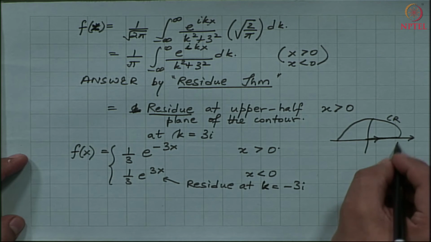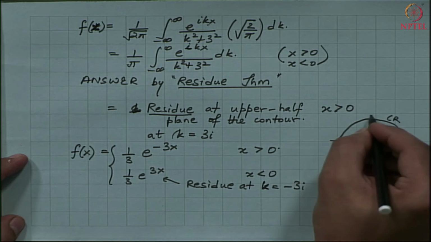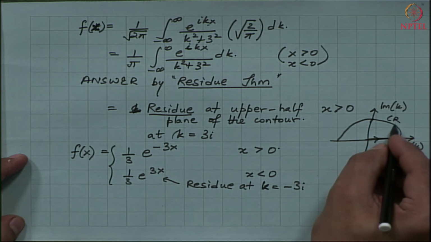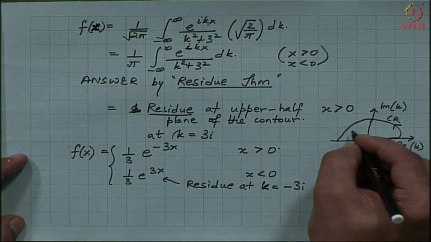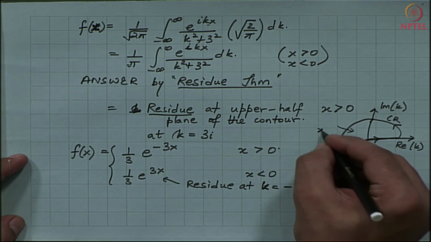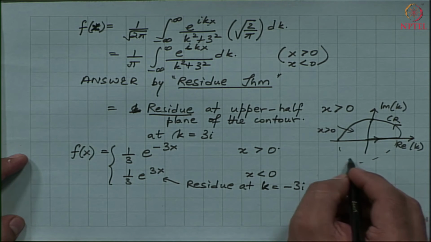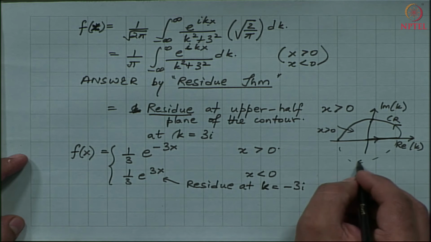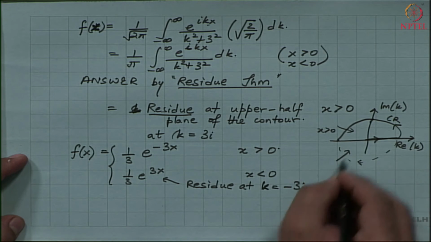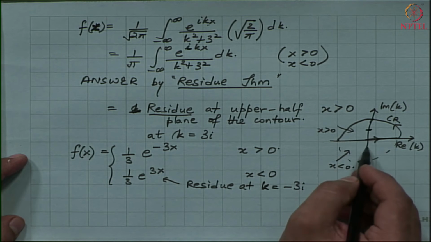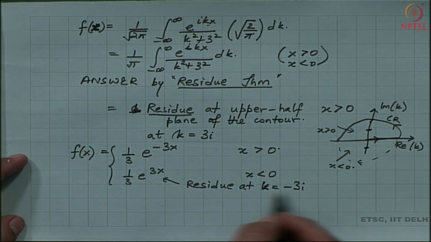So, this is real k, this is imaginary k. So, when we were to see the contour, this is the case when x is positive, and this is the scenario when x is negative. So, we have to appropriately take the residues plus 3i or minus 3i.